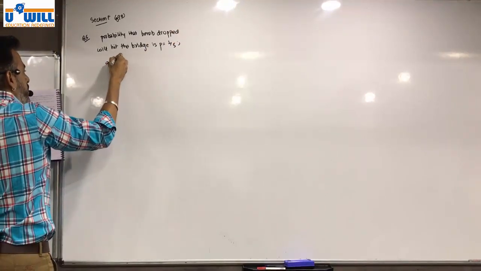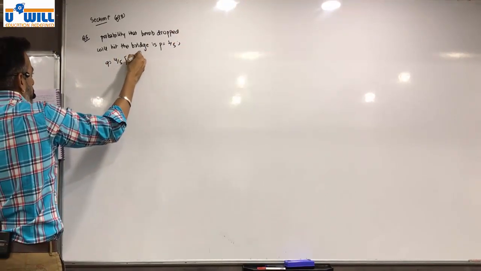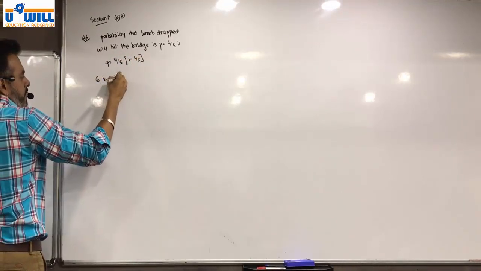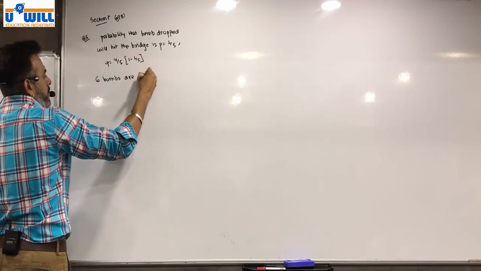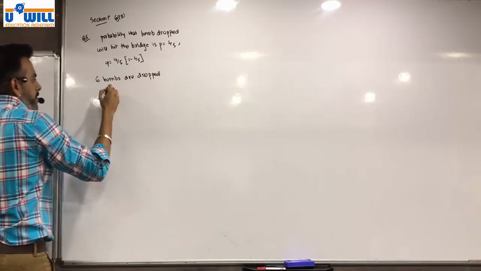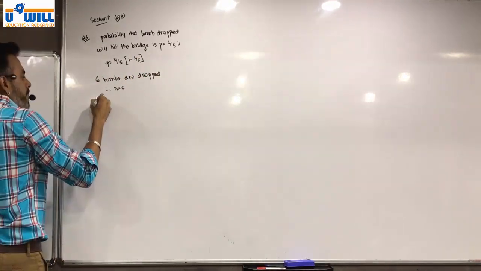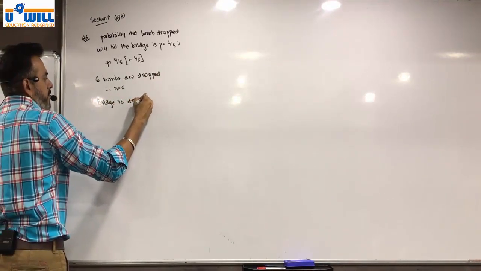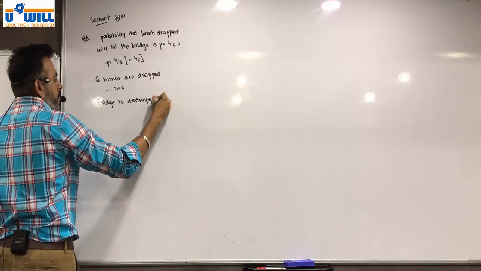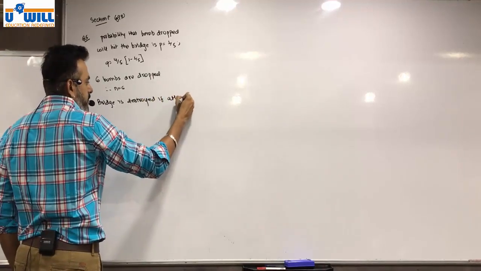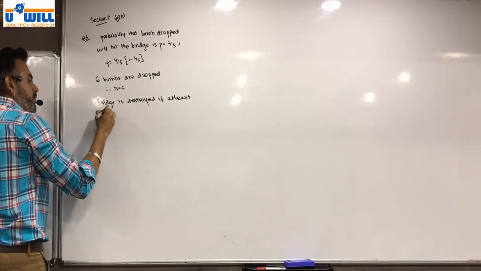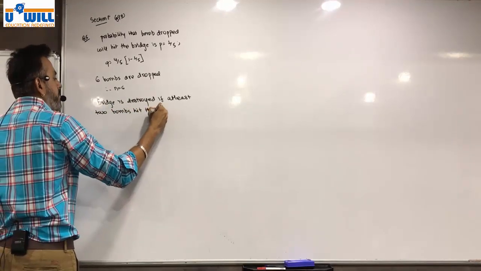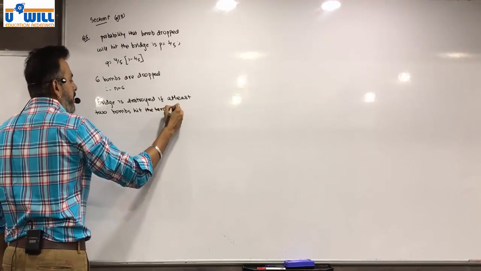So Q is equal to 4 by 5, 1 minus 1 by 5. 6 bombs are dropped. Therefore, N is equal to 6. Bridge is destroyed if at least 2 bombs hit the target or hit the bridge.